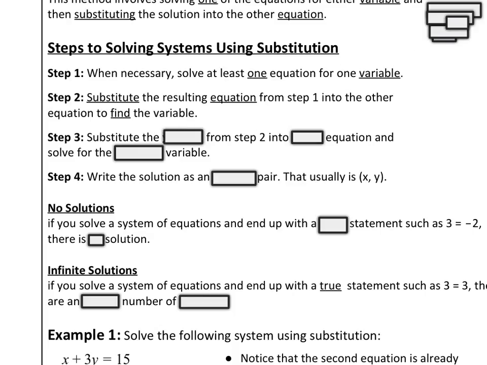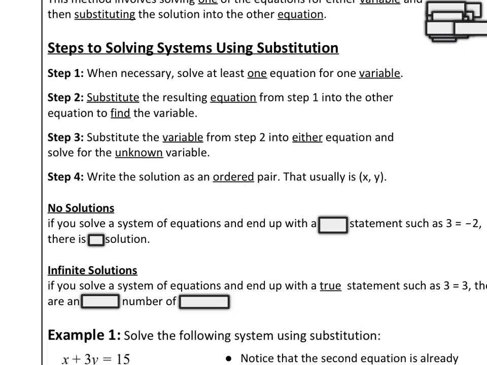Step 3, substitute the variable from step 2 into either equation and solve for the unknown variable. Lastly, step 4, write the solution as an ordered pair that is like an xy point. What does x equal, what does y equal, or whatever the variables are that we're solving for.